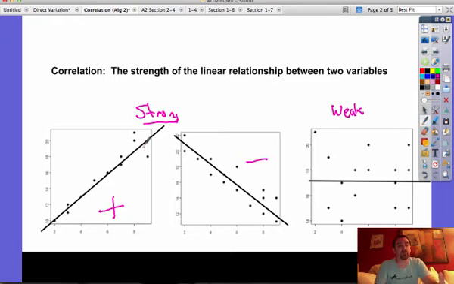It's a positive slope. So we always talk about correlation as being strong and having a direction. In this case, we have a strong positive correlation. This one has a strong negative correlation. And this one has a weak correlation. It might be positive, it might be negative, it's pretty hard to tell. Okay? And that's all we need to know about correlation.